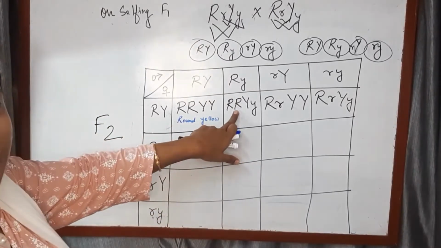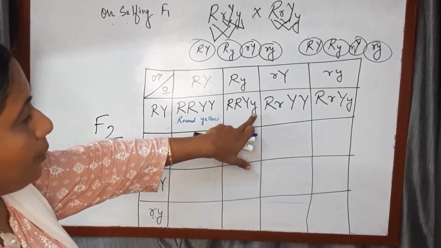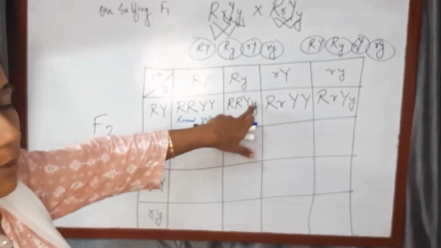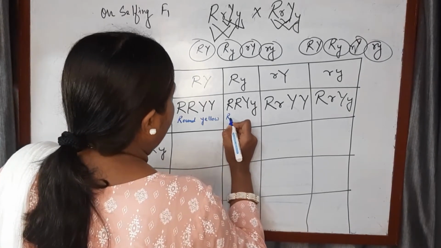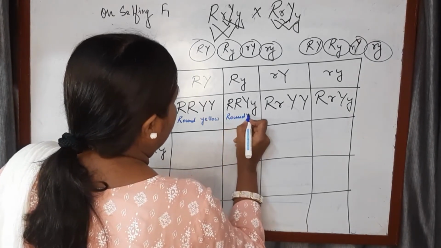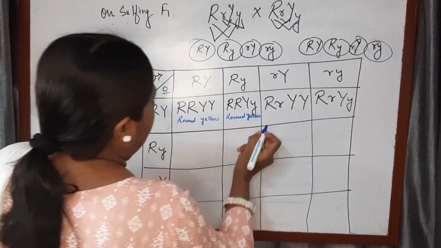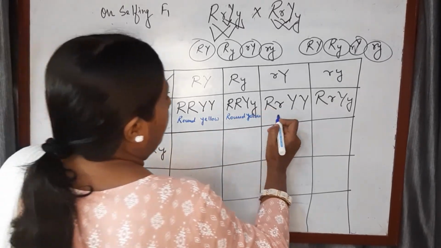So this is round yellow. What is this combination? Capital means round, but this is also yellow because it has only one small y. Small y is recessive, it cannot express itself in the F2. So it is also round yellow. This is also round yellow. Why?